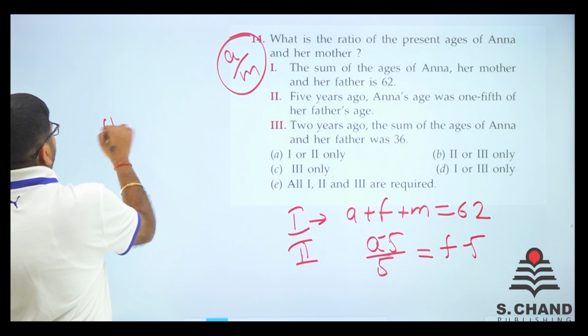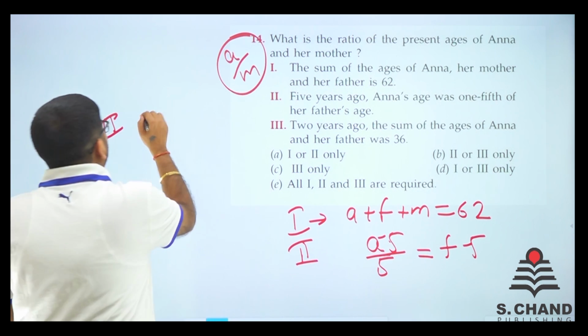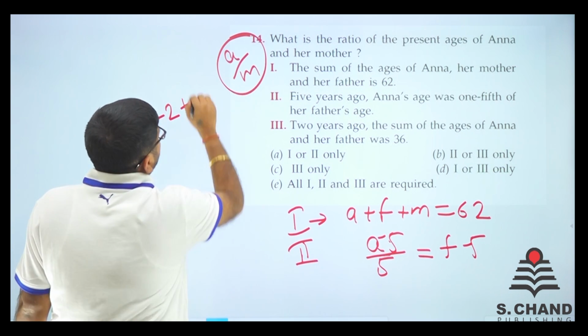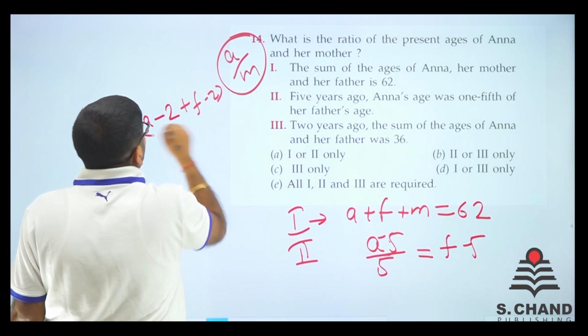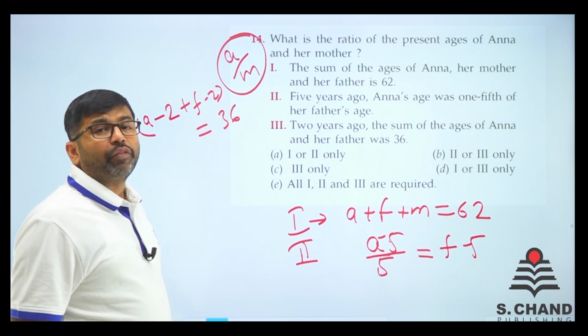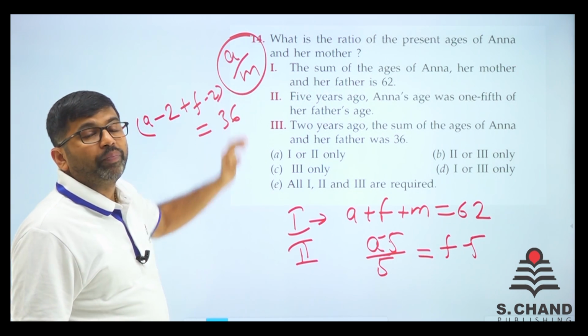And third equation: 2 years ago, the sum of the ages of Anna and father was 36. So 2 years ago, Anna minus 2 plus father minus 2, the sum is 36. So we have to find the ratio of A to M. So now I need A also and M also.